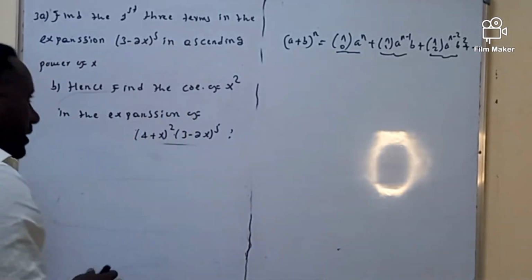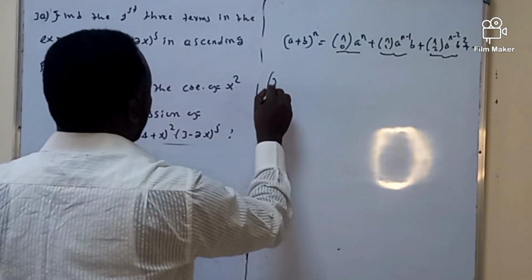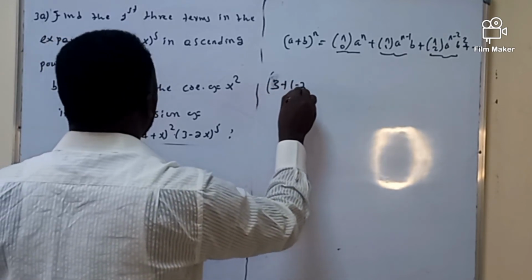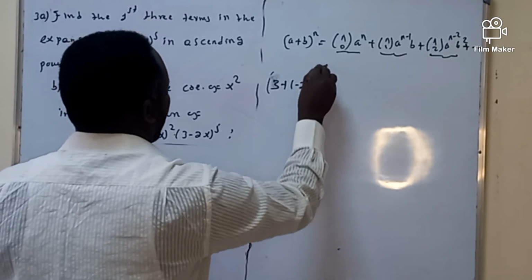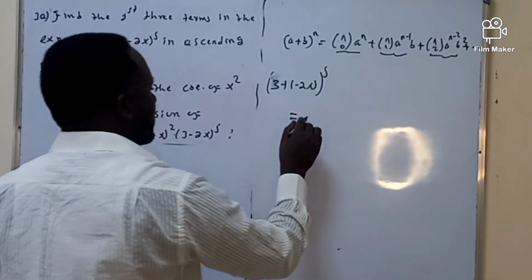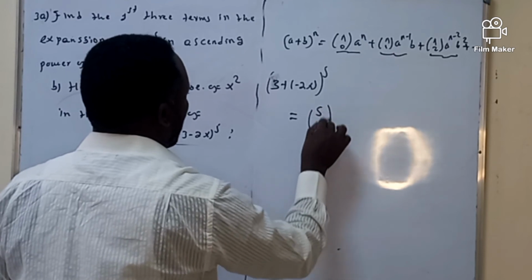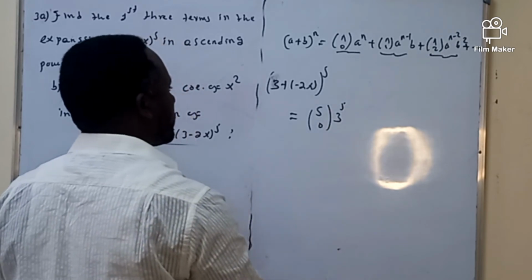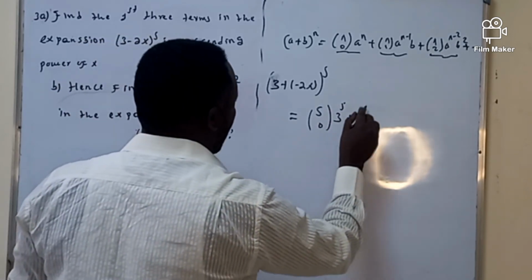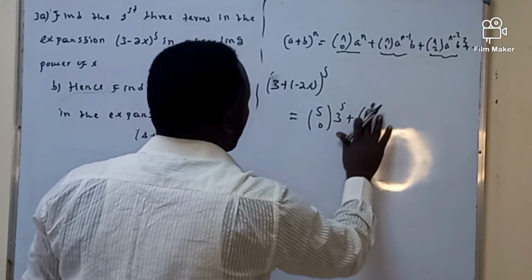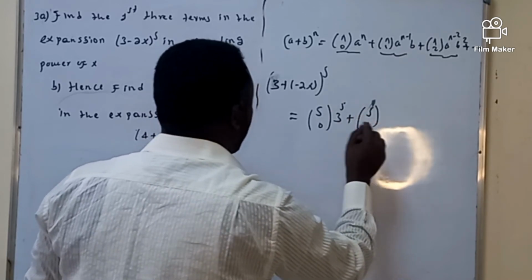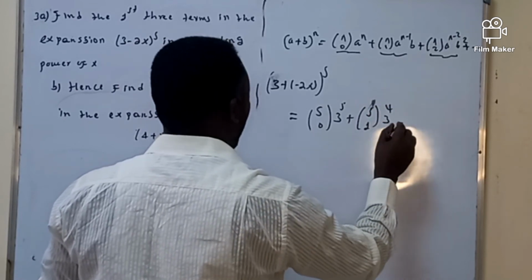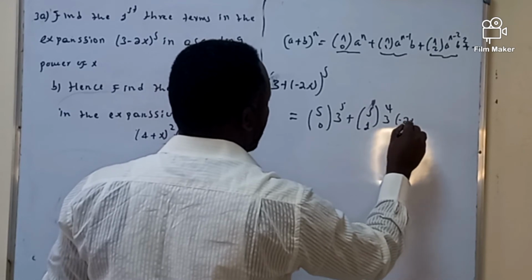So when we are expanding this, it is going to be written as (3 plus negative 2x) the whole to the 5. So it is written as the combination of 5, 0, and the first number is 3 raised to 5, plus combination of 5, 1, that is 3 to the power 4 times minus 2x raised to 1.